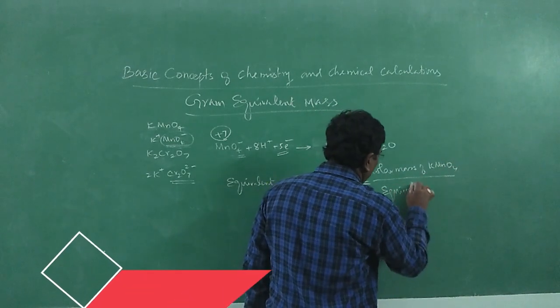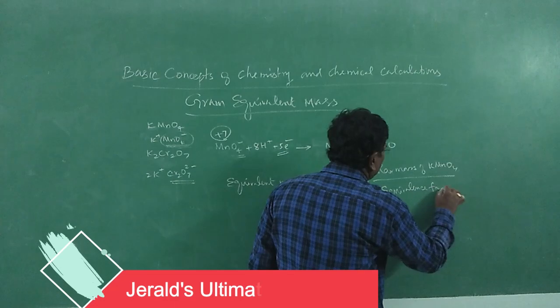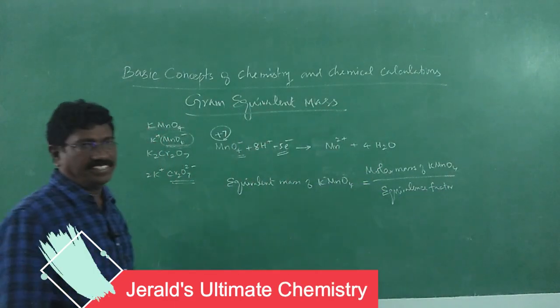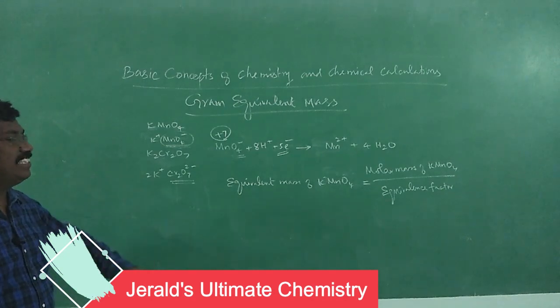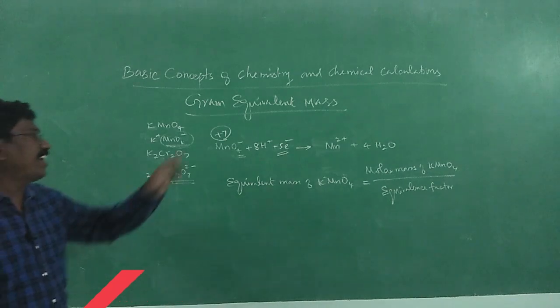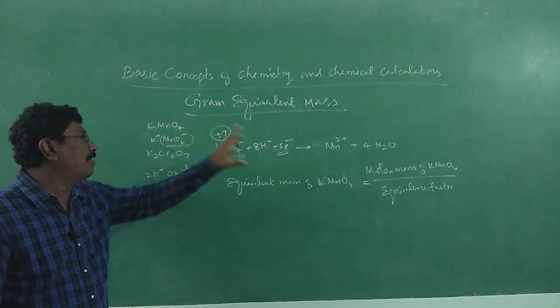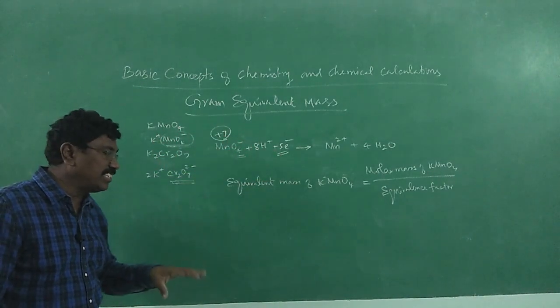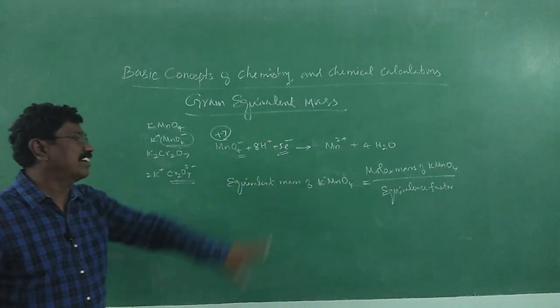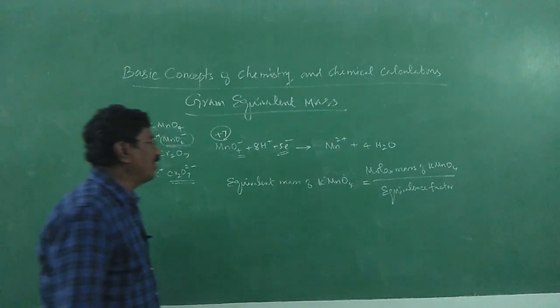What is the equivalence factor? For an oxidizing agent, it is the number of electrons gained. If it is a reducing agent, the number of electrons lost. Here it gains 5 electrons and therefore the equivalence factor is 5.